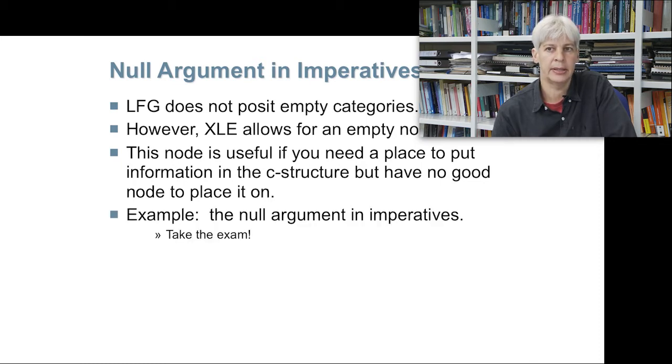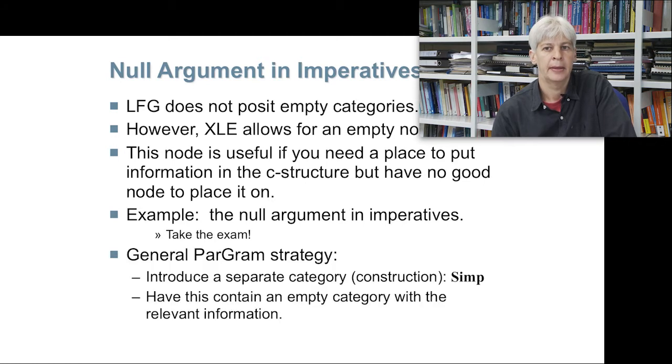Okay, so here the null argument in imperatives, something like take the exam. You have a verb, take, you have the exam, which is the object, but you don't really have anywhere good to place the information that there is a null subject there. So how do we deal with these kinds of things? You can complicate your grammar in many different ways.